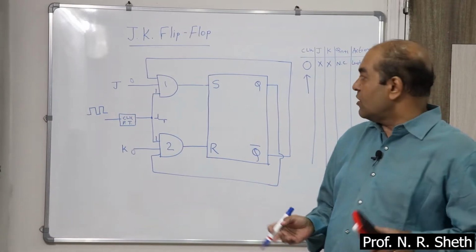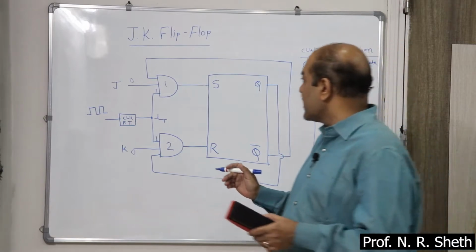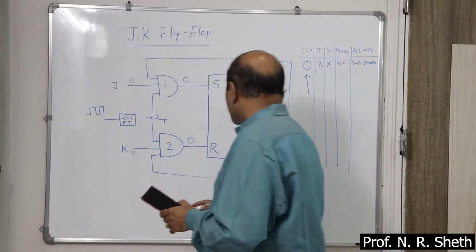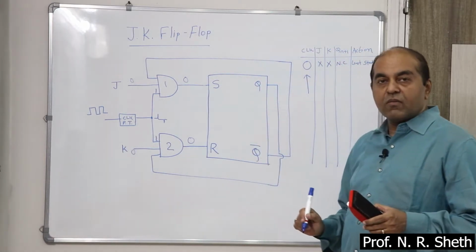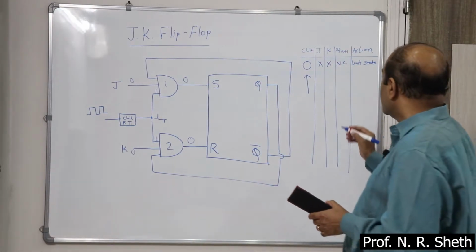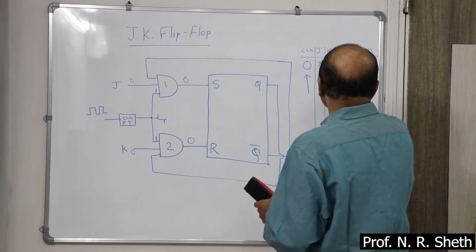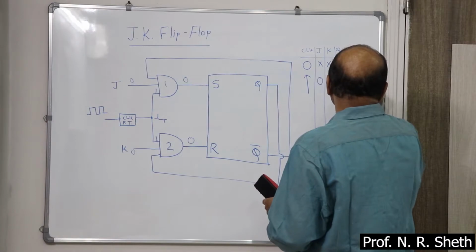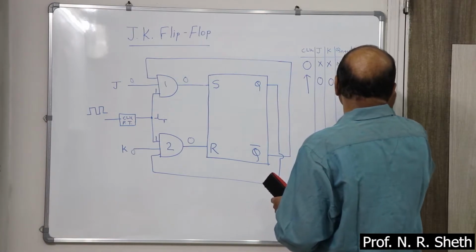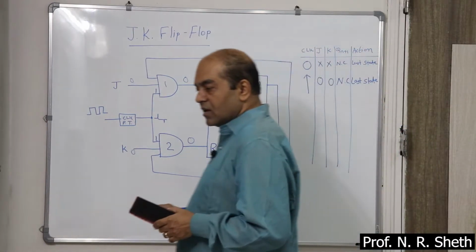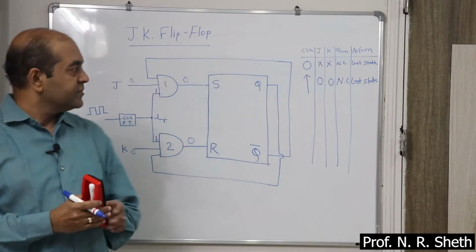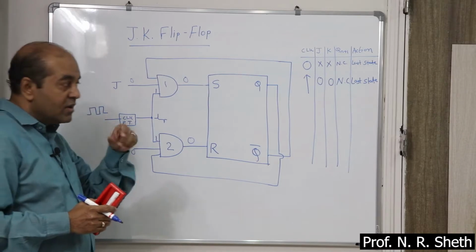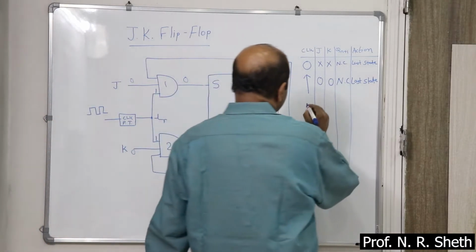One input of the AND gate is 0, so the output of the AND gate is 0. S is 0, R is 0. The circuit is in the last state. The circuit retains the last state. So almost both cases are the same. Next one, and this is very interesting.